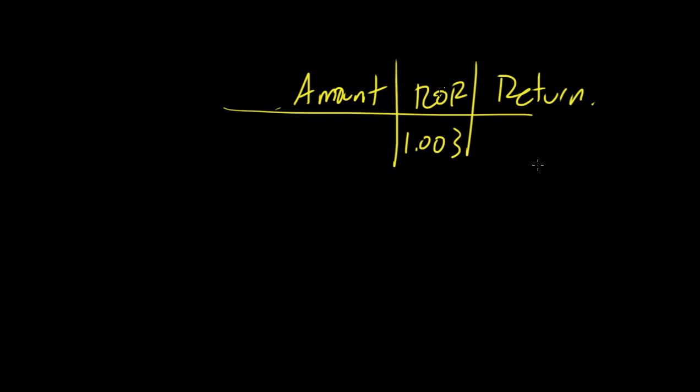Well, technically, you don't have to do it that way. You could take a certain amount, and instead of multiplying it by 1.003, you could just multiply it by the actual percentage, .003, and you would get what her interest would be on that, or how much she's going to be making on that.